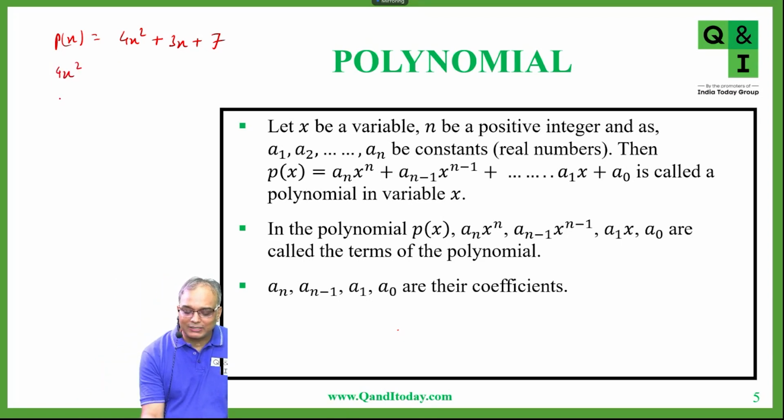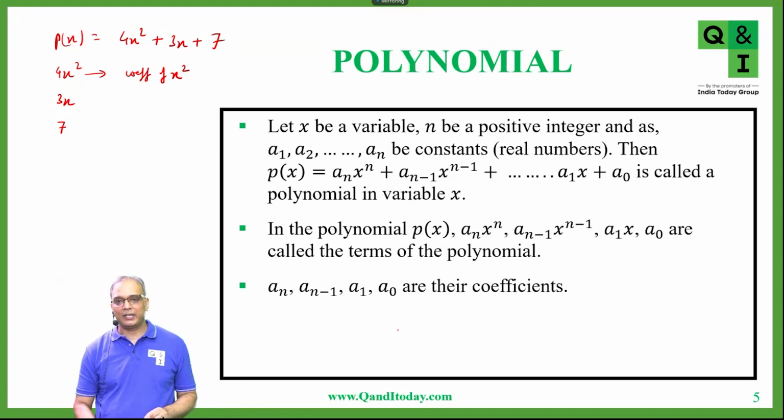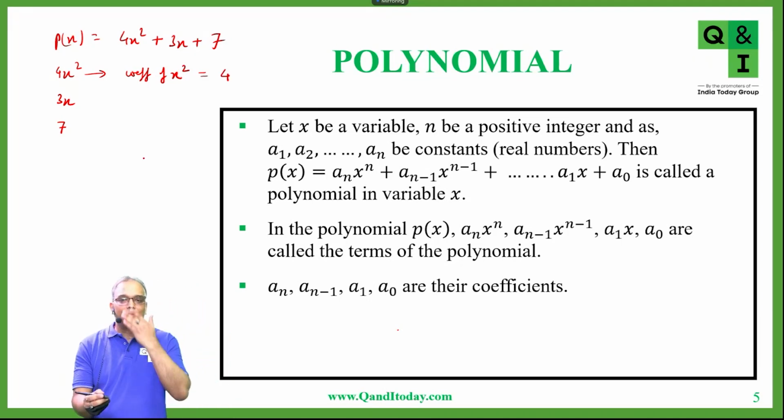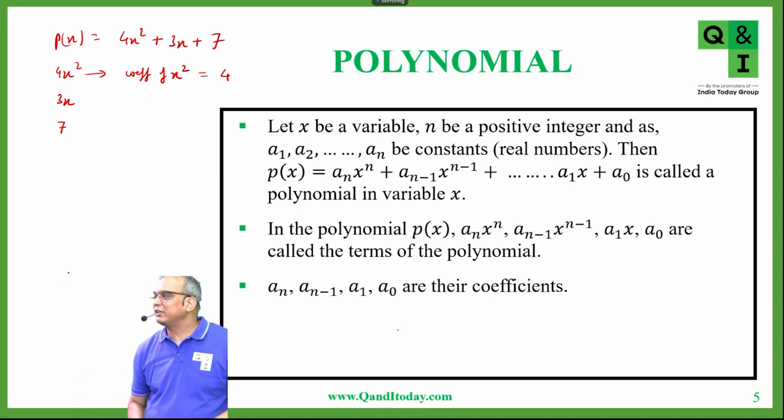First term is 4x square, second term is 3x, and the third term is 7. In the term 4x square, coefficient of x square means the constant which is multiplied to x square to get that term. That is 4. Other than x square, what other numbers are there in this term? 4 is that number, which when multiplied to x square gives us the term 4x square. So 4 is the coefficient of x square.